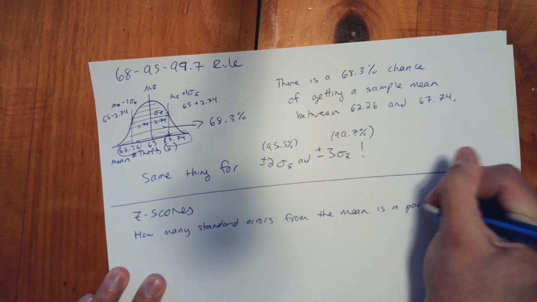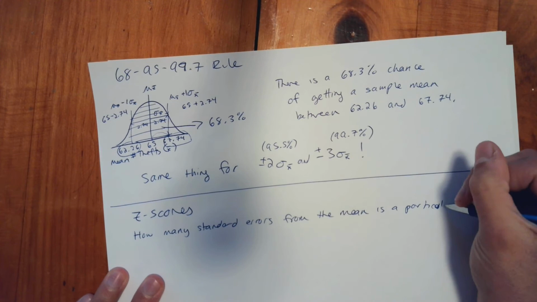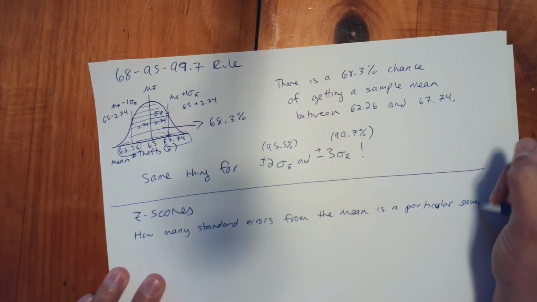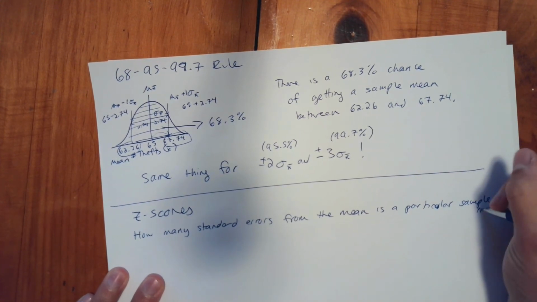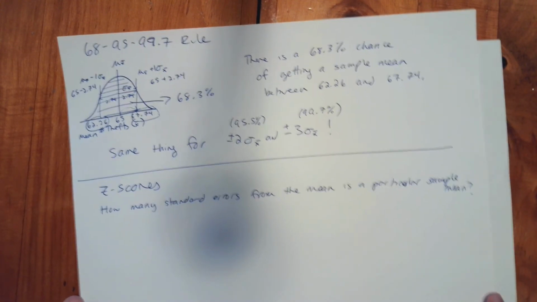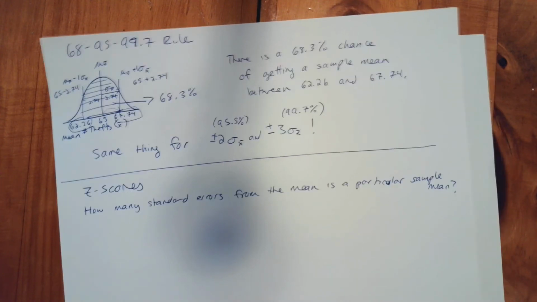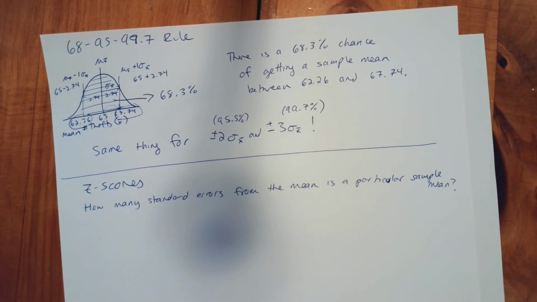Is a particular sample mean. So if you remember before, a z-score told you how far away from the mean a particular value was. In this case, we're just changing out the terminology a little bit because we're looking at a sampling distribution.